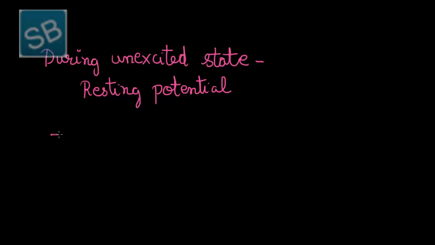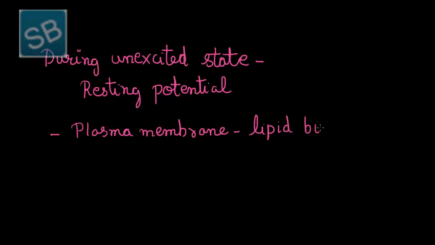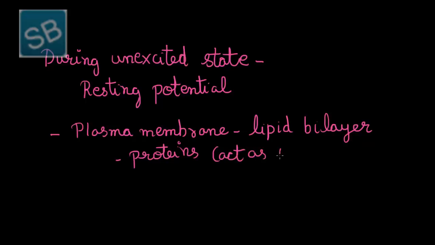Now, like all other plasma membranes present within the cell, this plasma membrane also consists of, first, lipid bilayer, which is impermeable to ions. Second, protein. The proteins present within the plasma membrane act as ion pumps and ion channels.